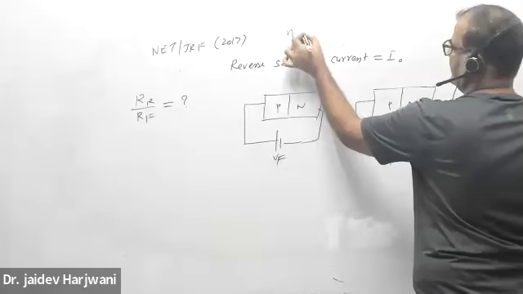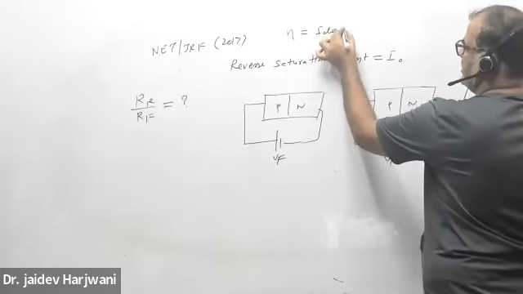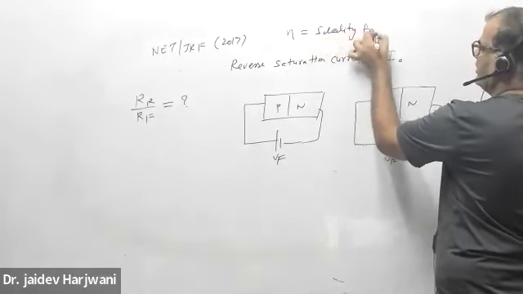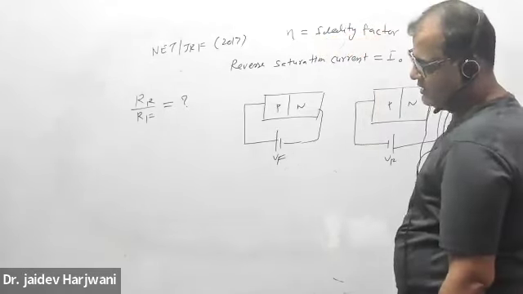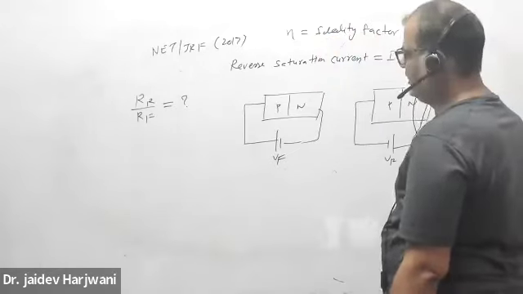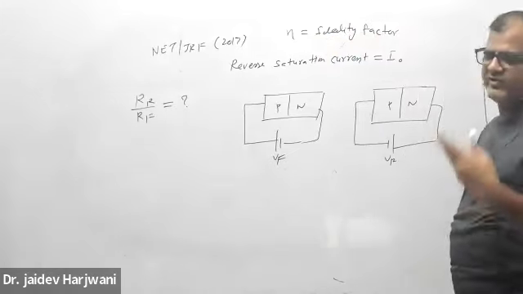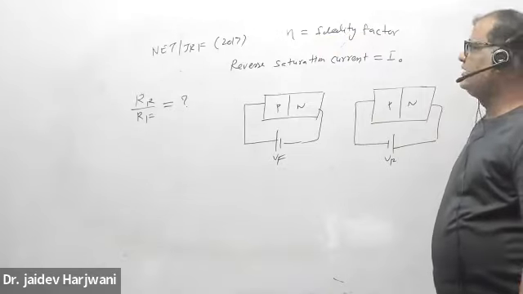Eta tells how much the deviation is from ideality. If ideal is 1, depending on the deviation it may be 2, 1.5, 1.6. So eta is the ideality factor.